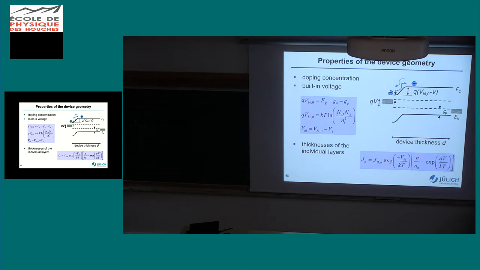So going from left to the right, I have to overcome this potential barrier. But this is already smaller because here we have applied voltage. So the barrier here is smaller, and that's combining these two terms.